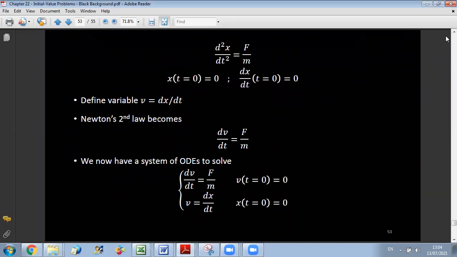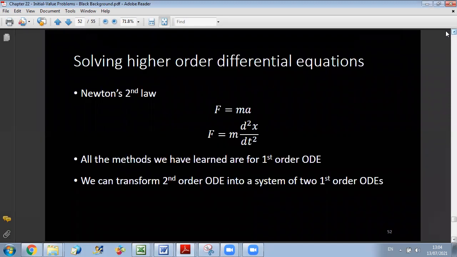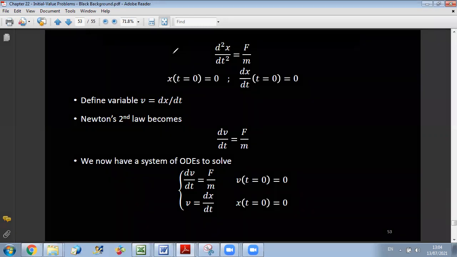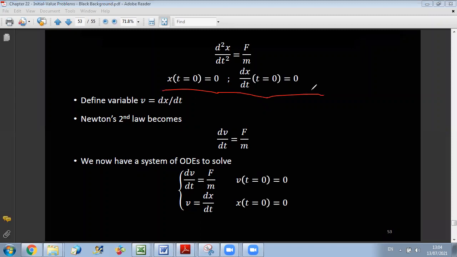Let's say we start from this example, where f is equal to m times the second derivative of x with respect to time. Always, if you have a first order equation, they give you one boundary condition. If you have a second order differential equation, they will give you two boundary conditions, one for x and one for dx by dt.